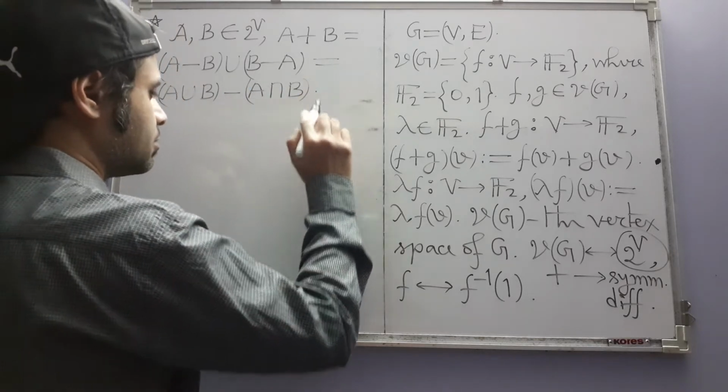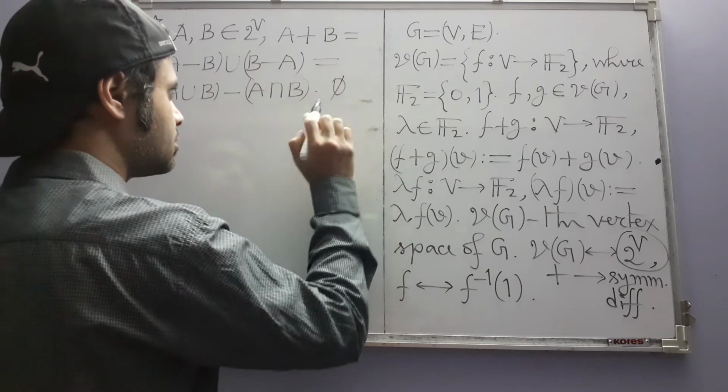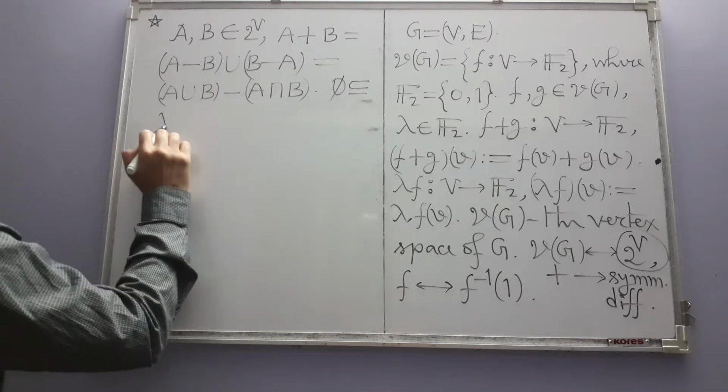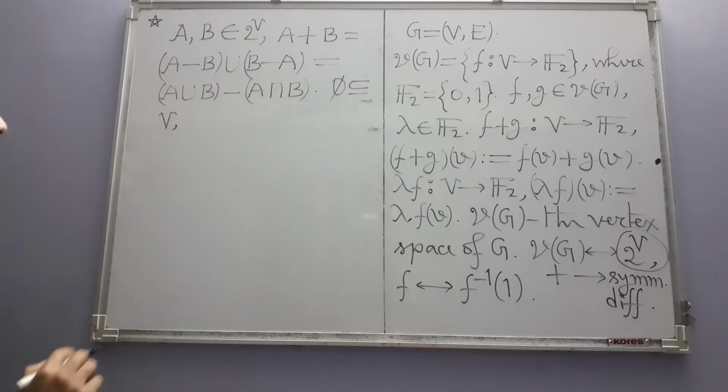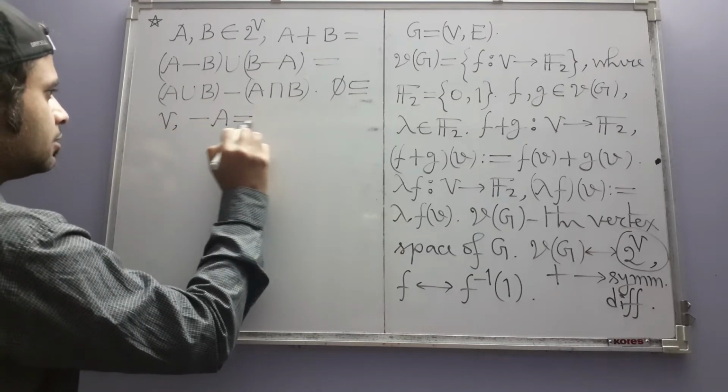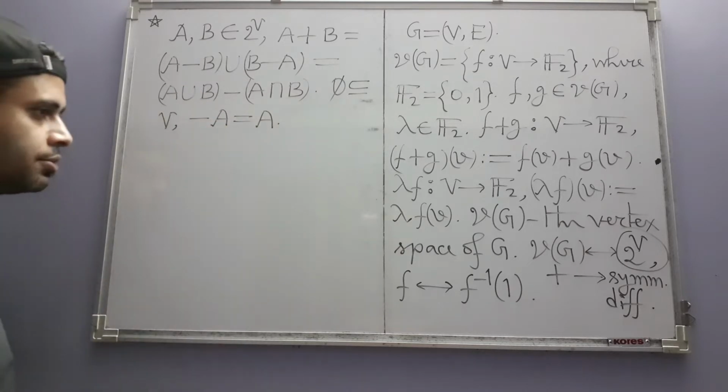One more thing, the zero vector in this case is the empty set as a subset of V, and the negative of the vector A is nothing but A itself.